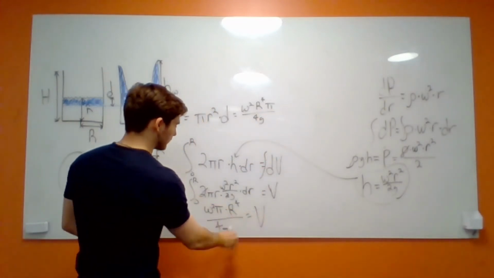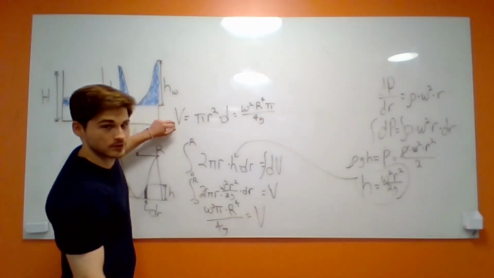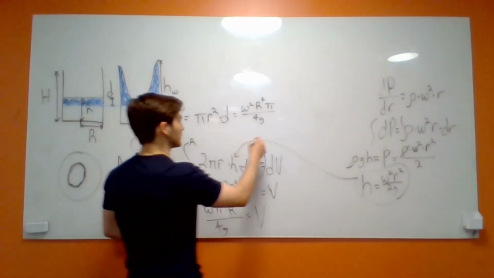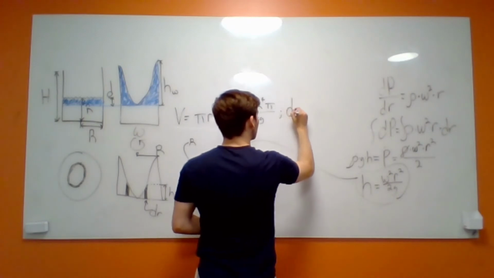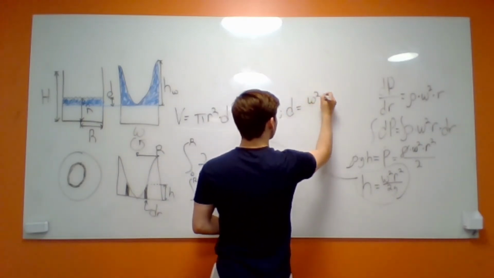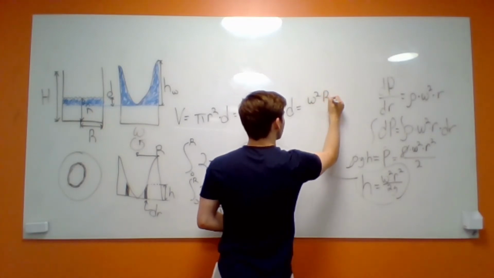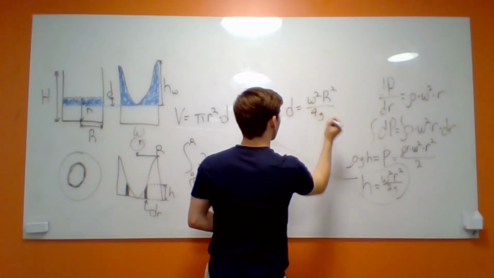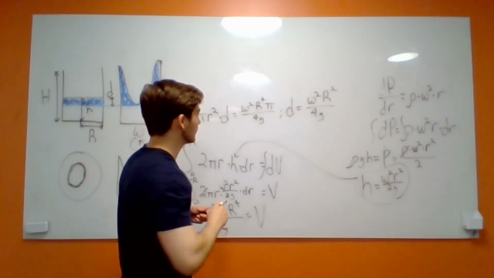These are just our two volume equations here. Of course, we get some nice cancellations, and we'll find that our variable d is equal to the angular frequency squared times the radius squared, all over 4 times the force of gravity. Right?